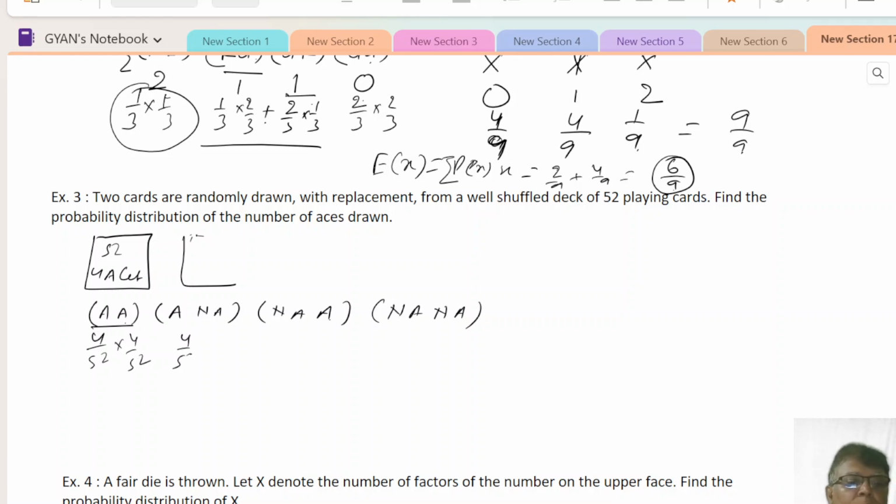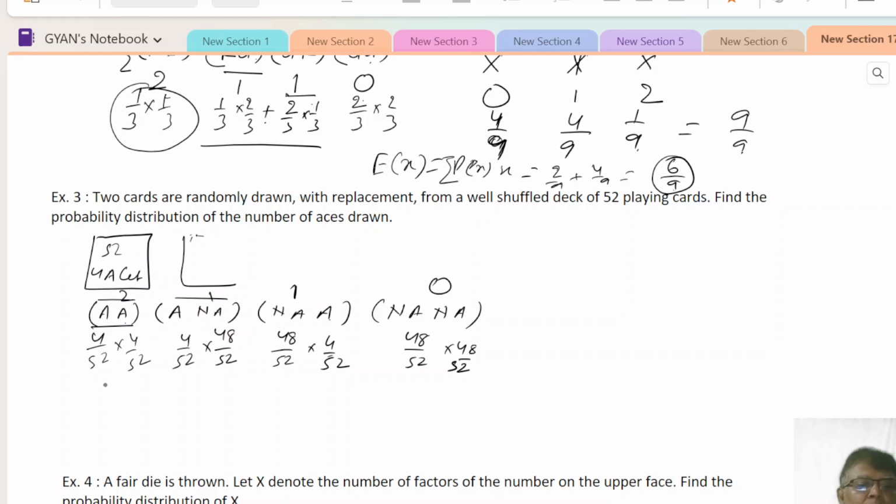This is 4 by 52 into 48 by 52. And this is 48 by 52 into 4 by 52. And this is 48 by 52 into 48 by 52. So this is the number of aces: here 2, this is 1, this is 1, this is 0. So what is the probability of that?